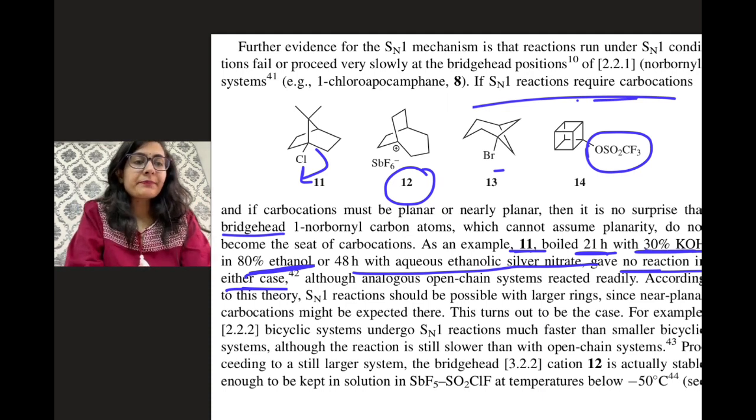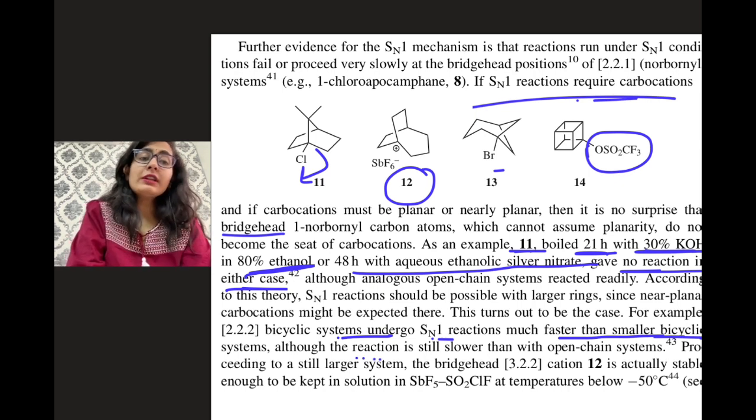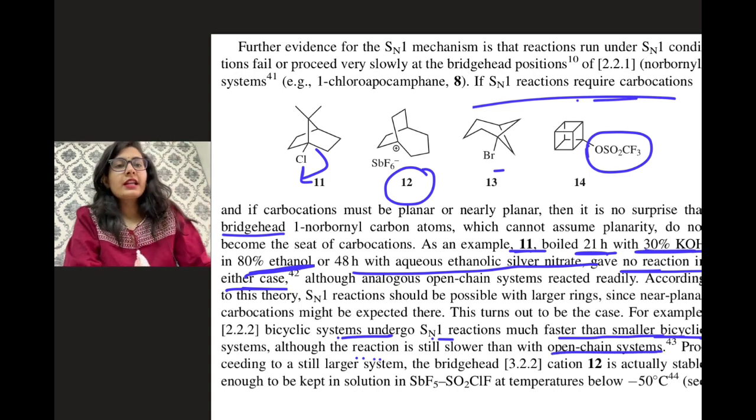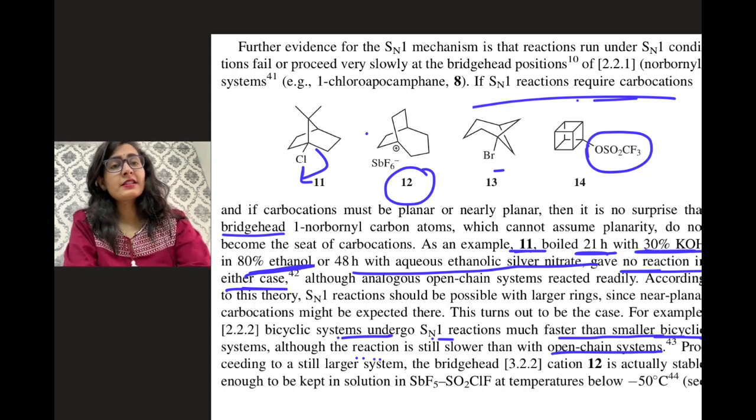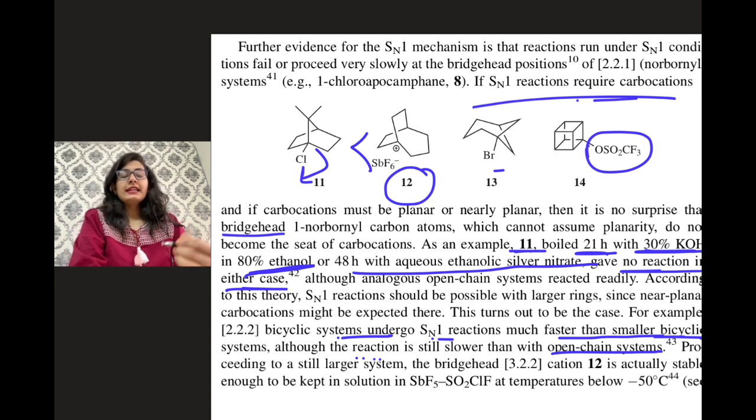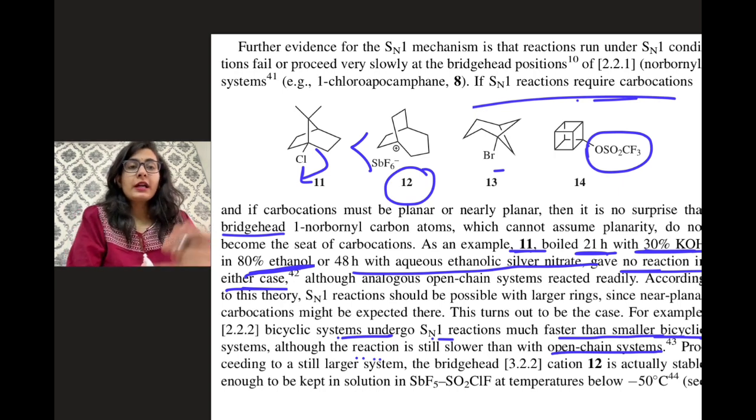So, see, for example, the 2,2,2 bicyclic system undergoes SN1 reaction much faster than the smaller bicyclic compounds. Although the reaction is still slower than with the open chain compounds. So obviously the 12 is still going to be slower than a simple alkyl halide, but it is much faster than the first one, than the 11th example, because of more flexibility and more planarity possible over here.